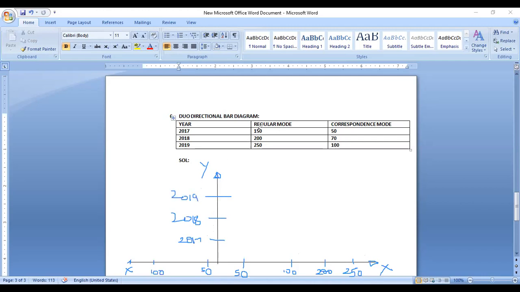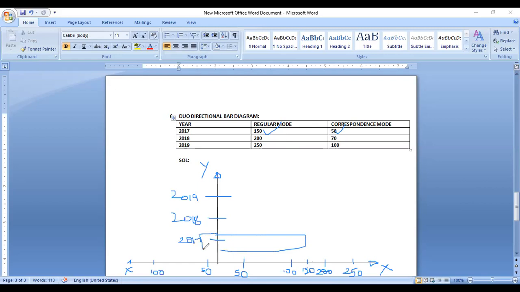Okay. So now first under regular mode in the year 2017, 150 students joined. So 50, 100 here 150 will come. Okay. So in the year 2017, regular mode 150 joined, and in correspondence mode 50 students joined.